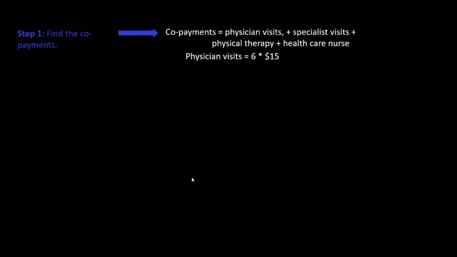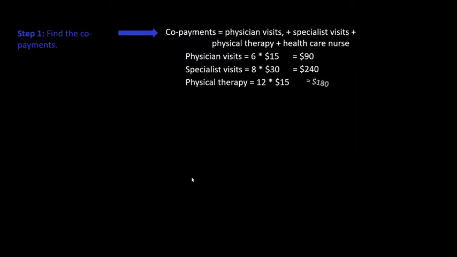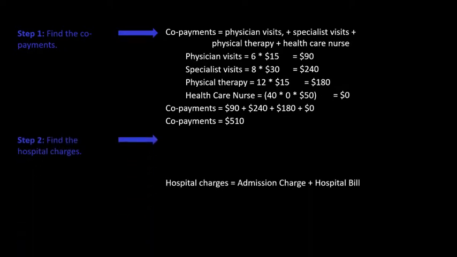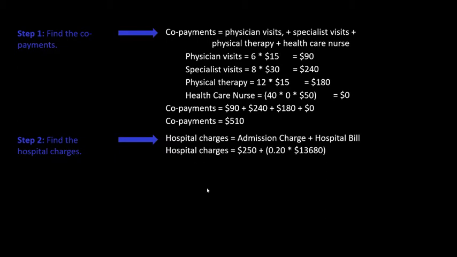So first, gathering up all our co-payments, we had those physician visits, specialist visits, physical therapy. Remember the healthcare nurse, we didn't exceed the limit, so it's just 0. And then we add up the cost of all of that, and we find that in co-payments, we paid $510. Next, those hospital charges, which is the admission charge and 20% of the hospital bill.